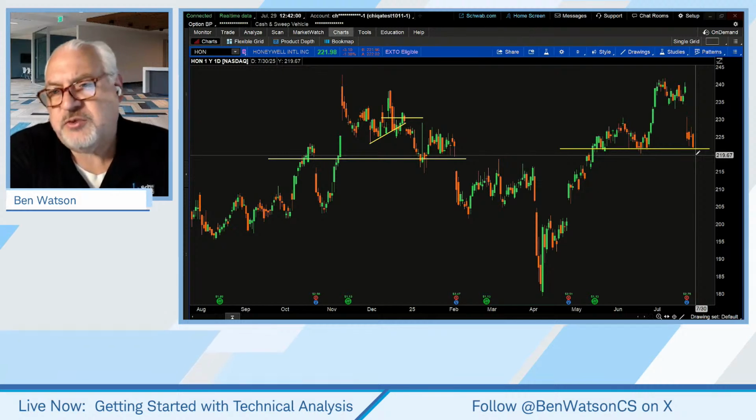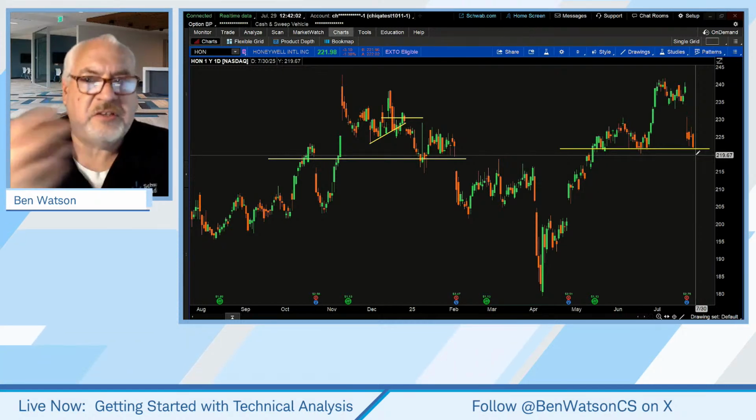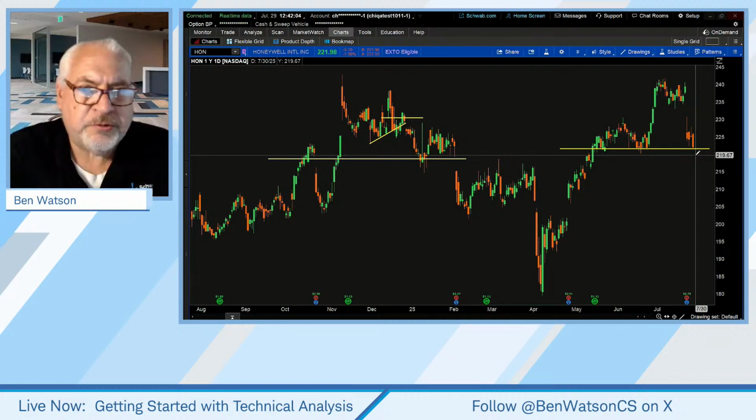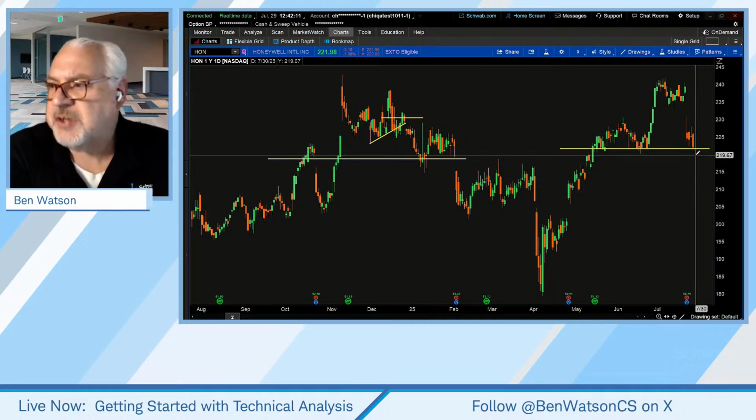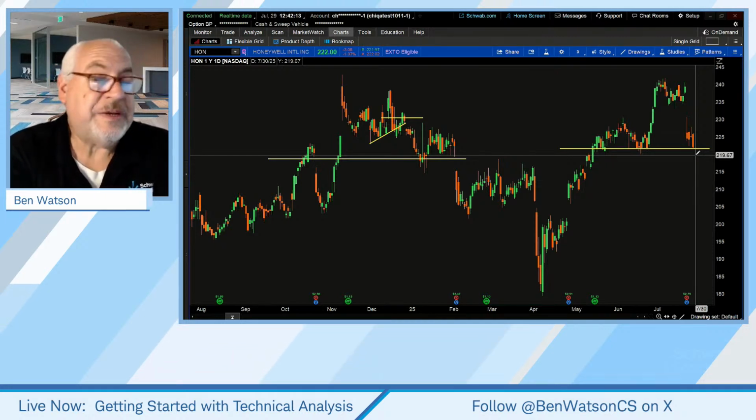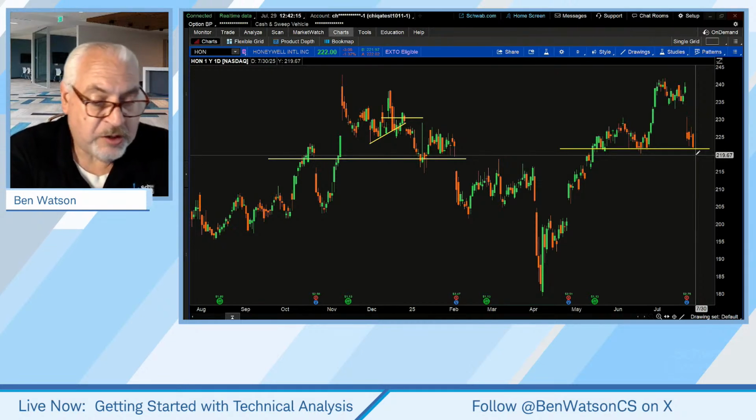Because what we're doing is putting in and continually updating this metaphor, this construct of levels of support and resistance to help us understand price movement and make decisions around those price levels.